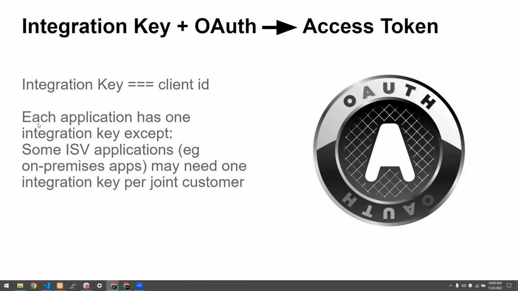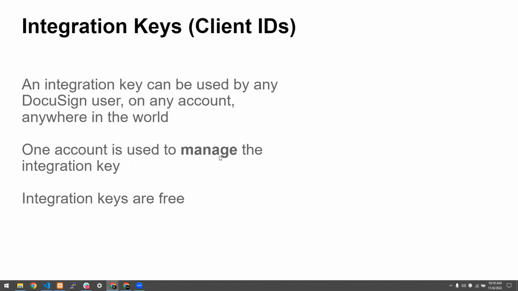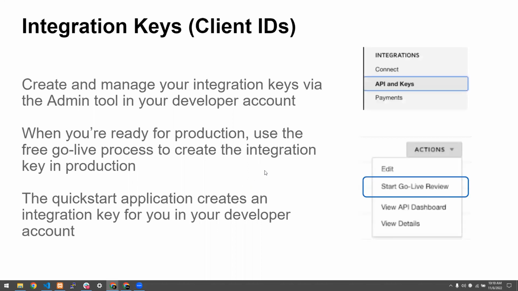Each application has one integration key, except some ISV applications, like on-premise apps, may need one integration key per joint customer. Integration keys can be used by any DocuSign user on any account anywhere in the world. One account is used to manage the integration key, and the keys are free.